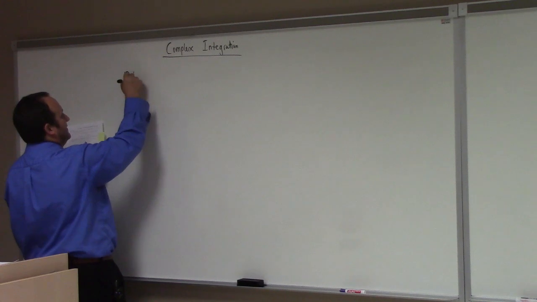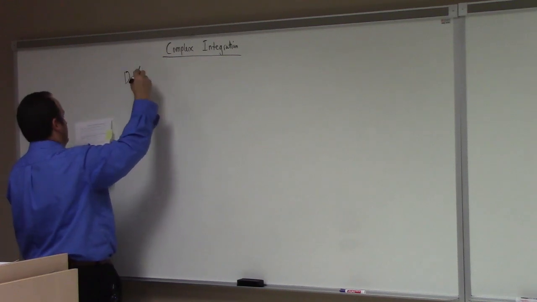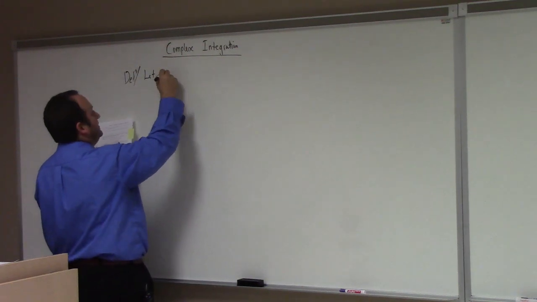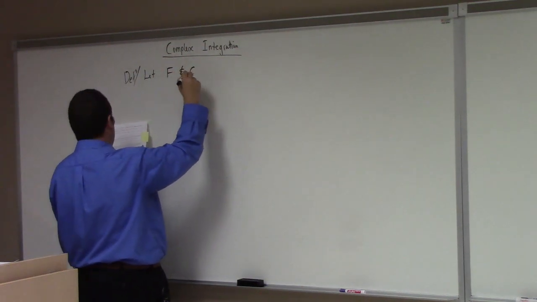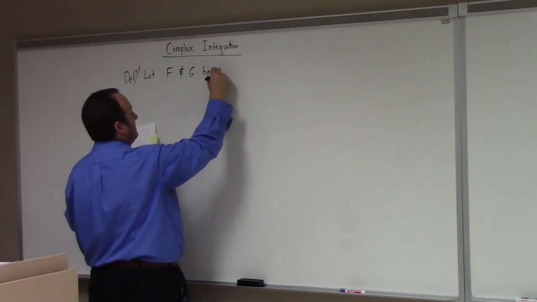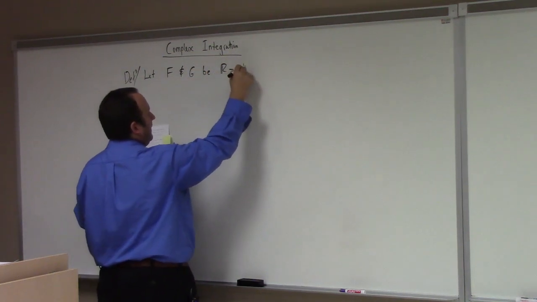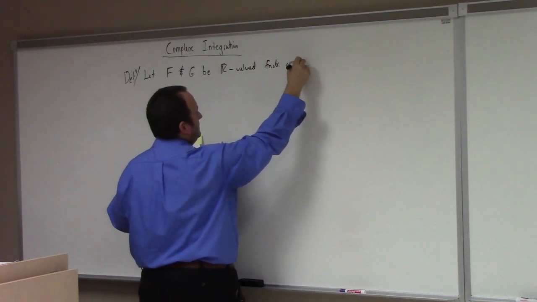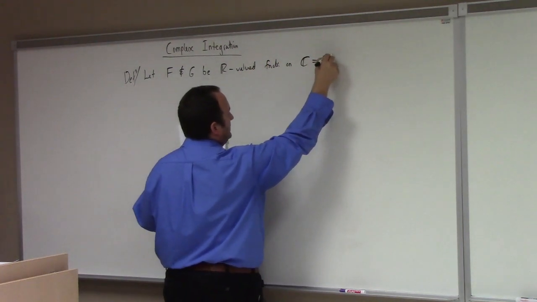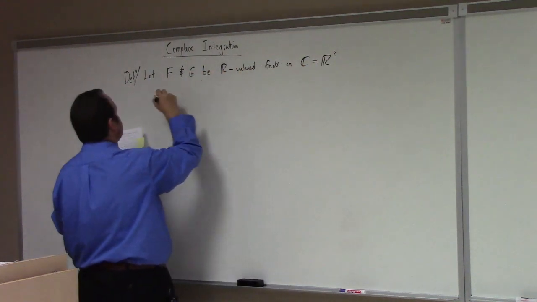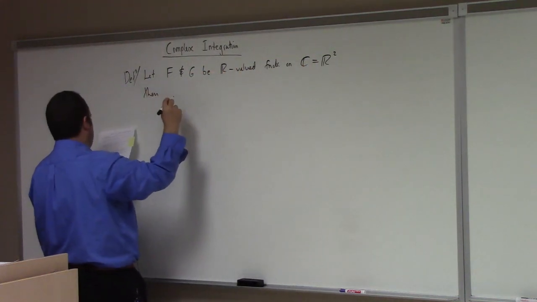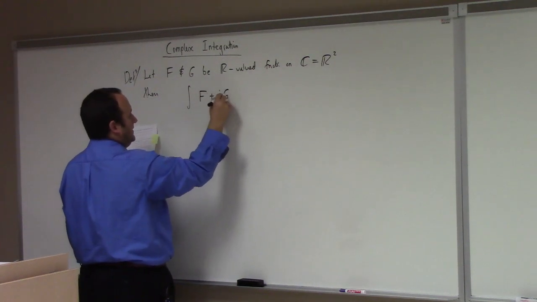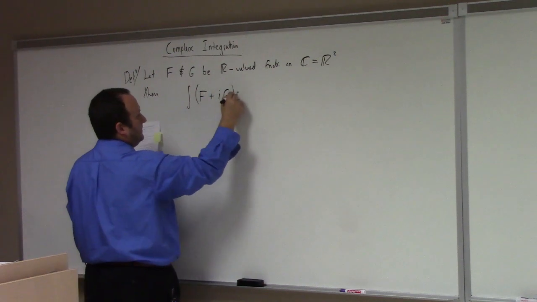Definition. Let f and g be real-valued functions on C, which of course we can think of as R2, then we can define a few things. One of the things we can define is the integral of f plus ig dA.